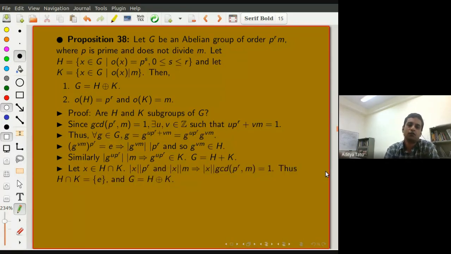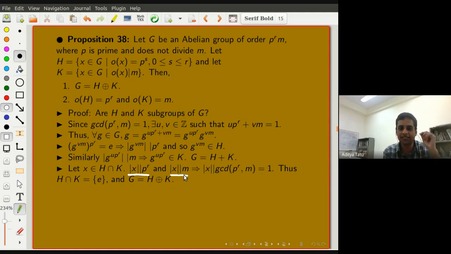That means the order of x will divide p to the power r by definition of H, and by definition of K, the order of x will also divide m. What do we know about the GCD of two numbers?